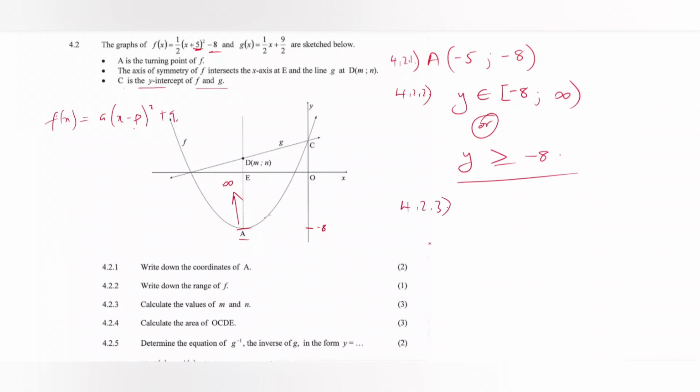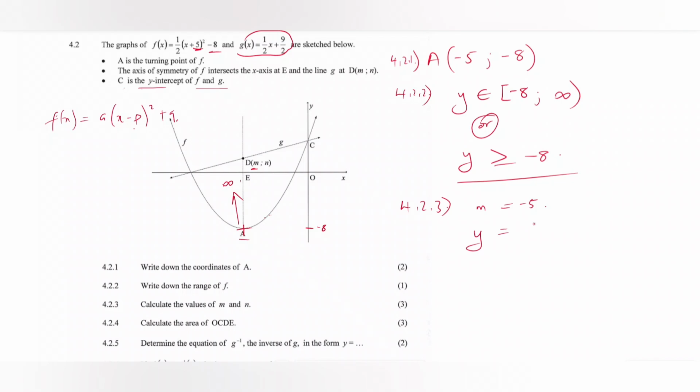4.2.3, calculate the values of m and n. M is the x coordinate of this line, so this one you can get from the axis of symmetry of the graph. So our m is going to be the x coordinate of the turning point, that is going to be minus 5. Now we are looking for n. M we will substitute into our graph of g, because you can see D is lying on the graph of g.